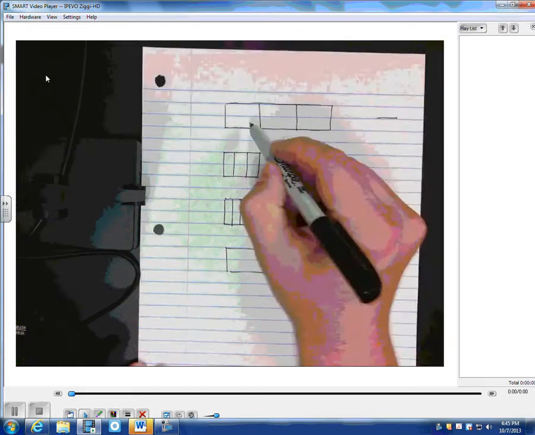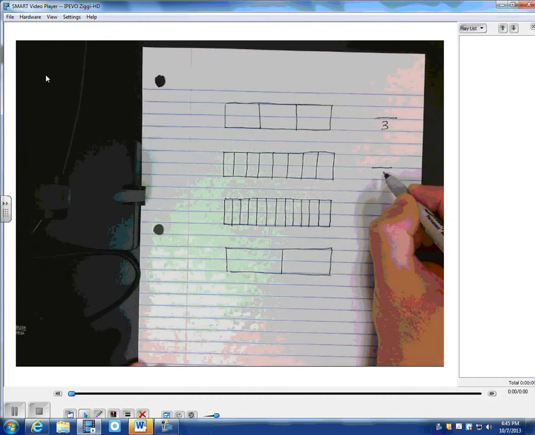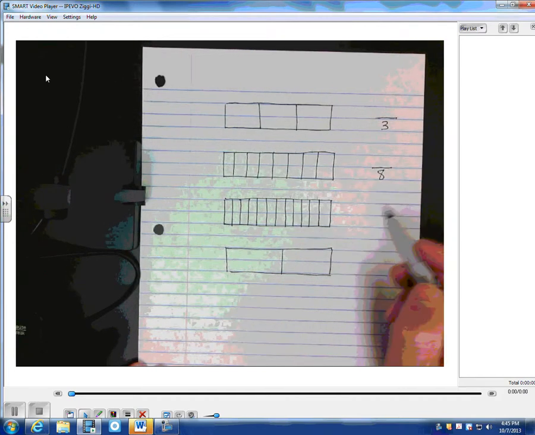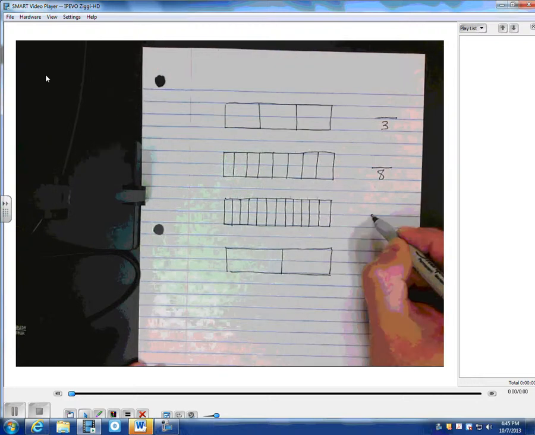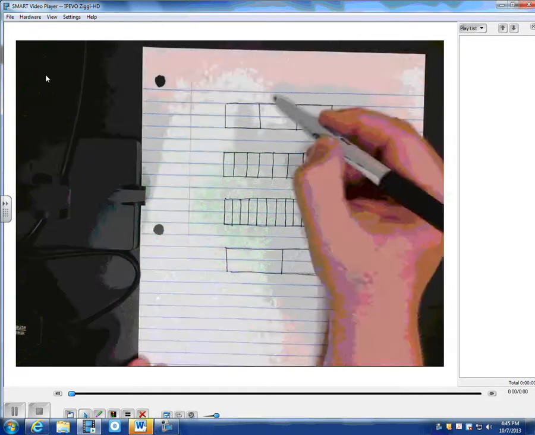And the only thing that changes is the number of parts that I have. Okay? So this one over here has 3 total parts. This one here has 8 total parts. This one here has 12 total parts. And this one here has 2 total parts. Okay? So they said 1/3, so I'll just color in 1/3.